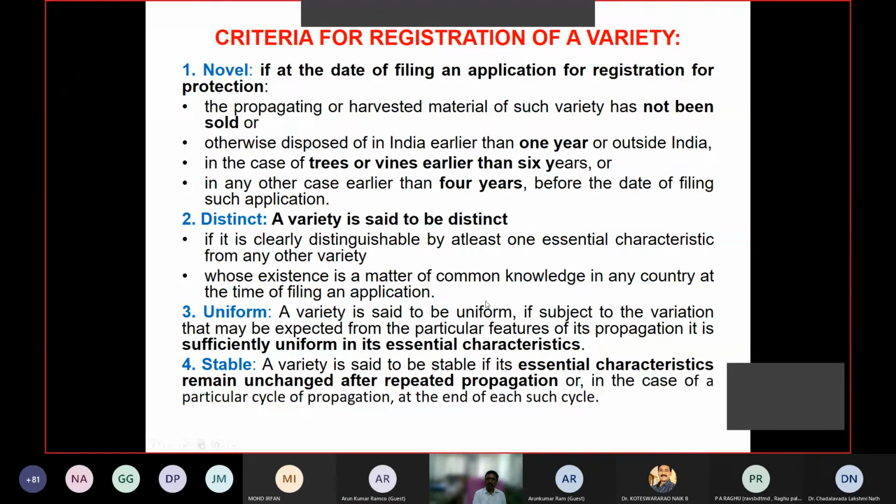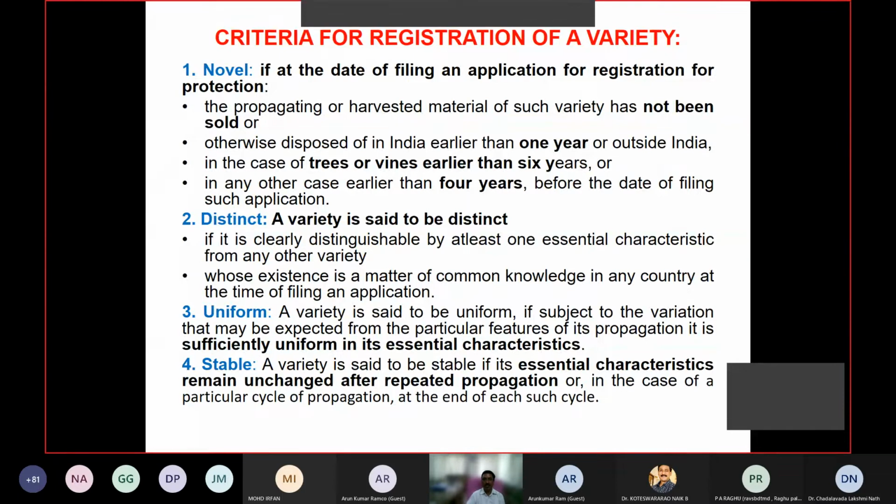And uniformity is there. A variety is said to be uniform, for example, when one class of varieties is there. Today it has grown in one manner, and the next day it has grown in another manner. Today the new variety is pest resistant, and after one season it has lost its resistance to pests.